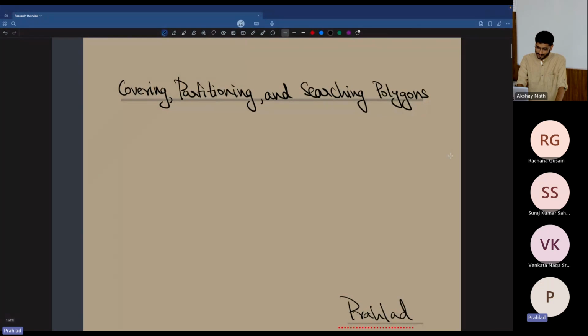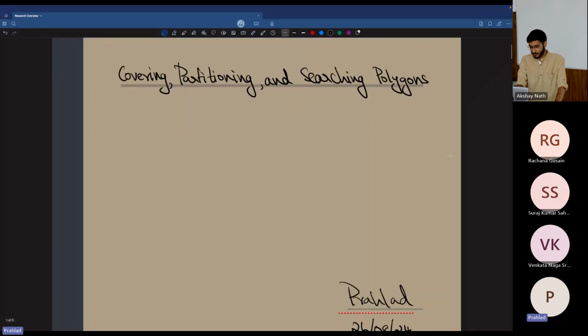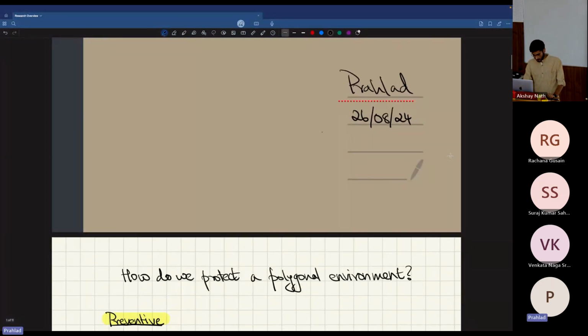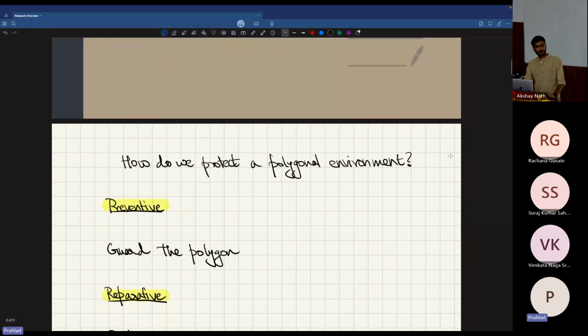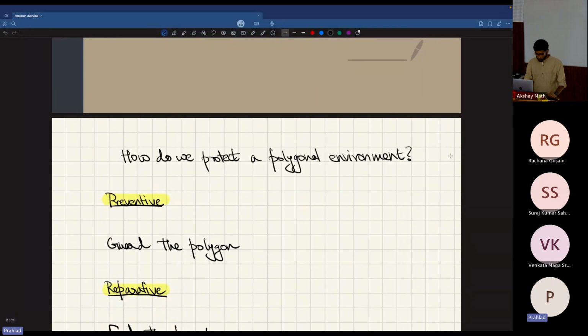As I said, I'm going to be talking about covering, partitioning and searching polygons, or what I like to call protecting polygonal environments. So let's get started right away. I see protecting polygonal environments as two different kinds of things.